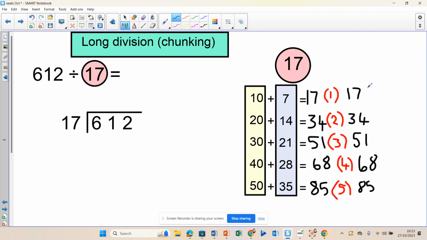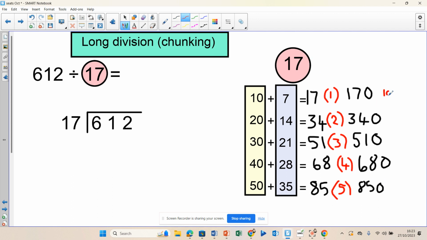So 17 becomes 170, 34 becomes 340, 51 becomes 510, 68 becomes 680, and 85 becomes 850. And my chunks, my multiples are bigger as well.